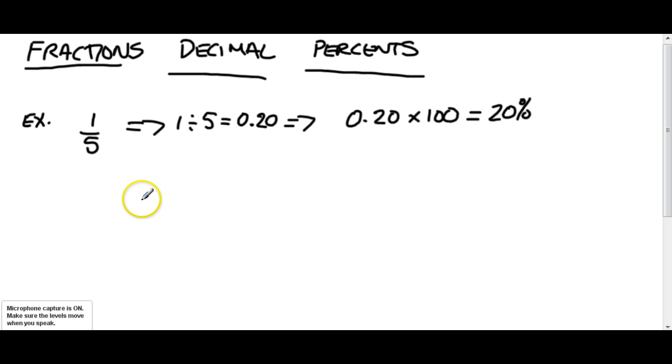One thing we also need to understand is that when we're starting out with a fraction, we want to make sure that the fraction is simplified, in other words, taken to its lowest form.